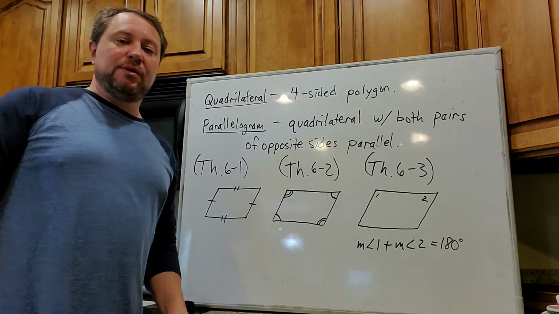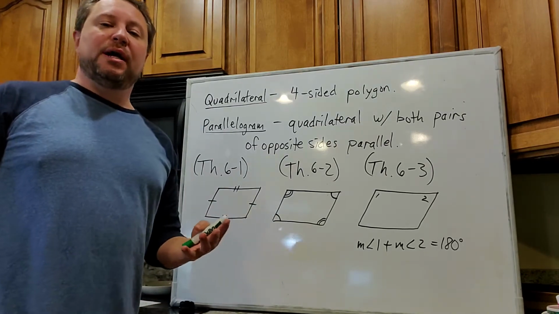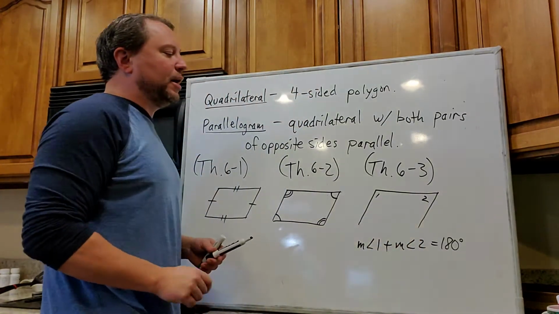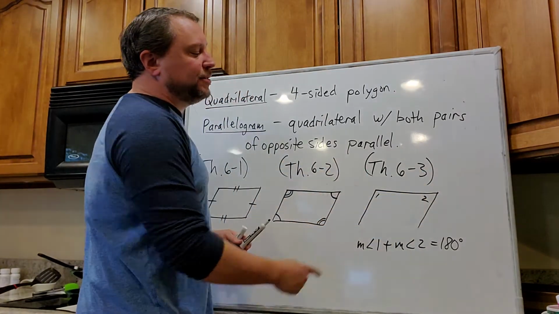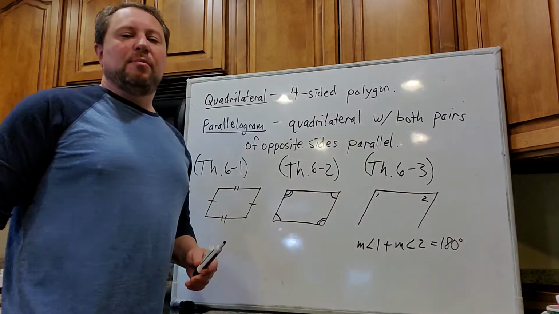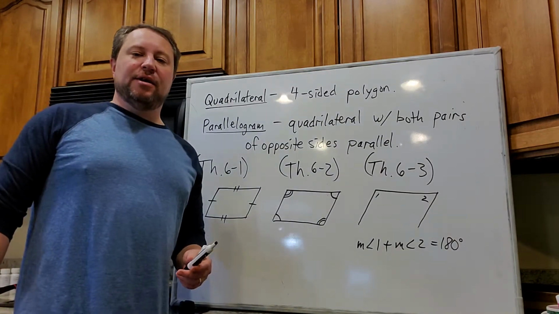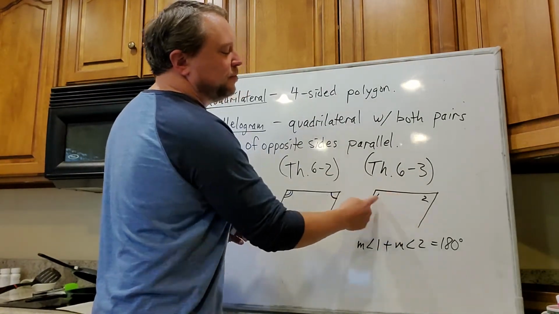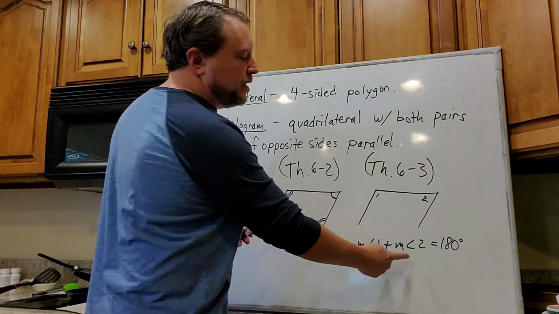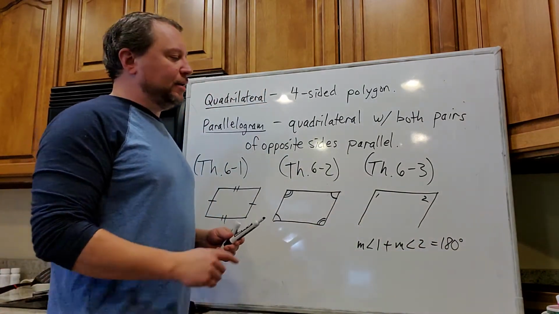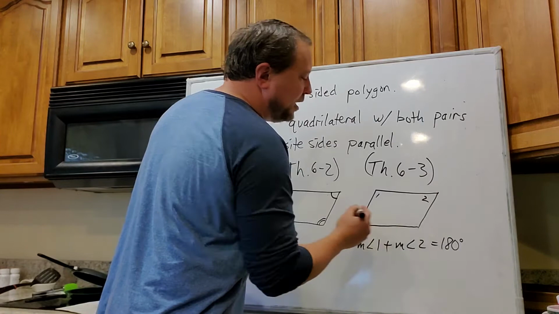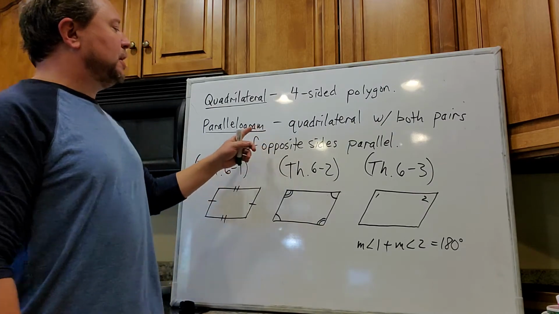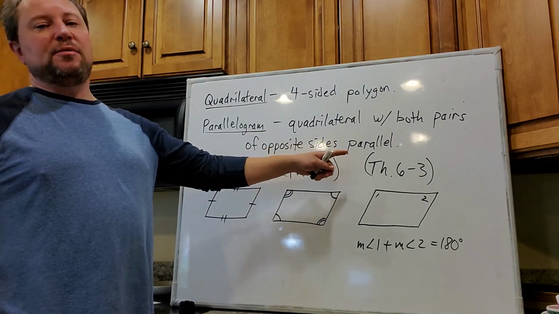The reason this is true goes back to chapter 3. Remember back in chapter 3 we talked about parallel lines when they're cut by a transversal. So if I were to ignore, for example, this side right here of the parallelogram, there's my two parallel lines. They're cut by a transversal. Those are a pair of same side interior angles. And in chapter 3, remember we learned if the lines are parallel, the same side interior angles are going to be supplementary or add up to 180. So, by the way, that means there are all kinds of pairs of consecutive angles in this picture, because in a parallelogram, remember, both pairs of opposite sides are parallel.